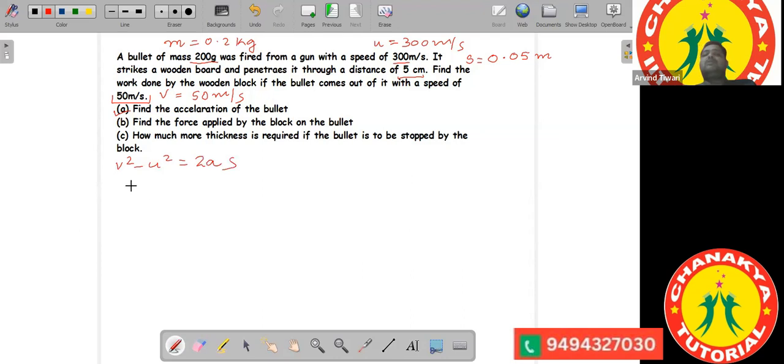Just by putting the values, we can compute the acceleration. V is 300, so we put 300 squared minus u, which is 50 squared, divided by 2s. So 2 times 0.05 will be equal to acceleration.